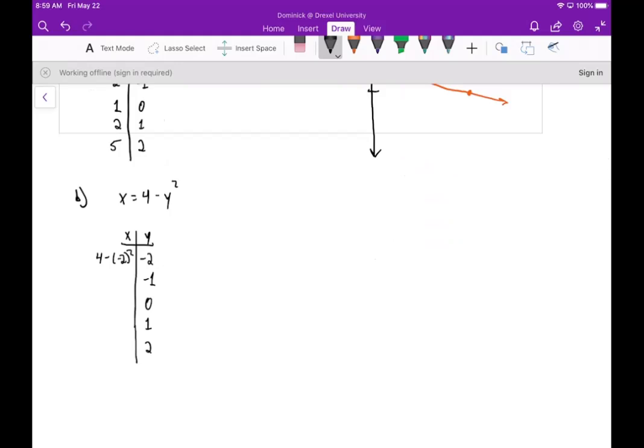So you get 4 minus 4, so this is 0. All right. So then, similarly, if you plug in -1, you're going to get 4 minus (-1) squared. So you're going to get 4 minus 1, so 3. And then similarly 0, and then 3, and then there should also be a 0, right? Yes.